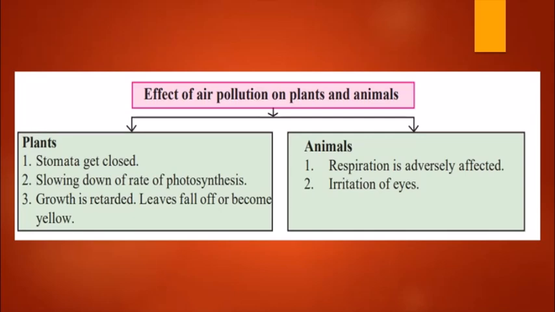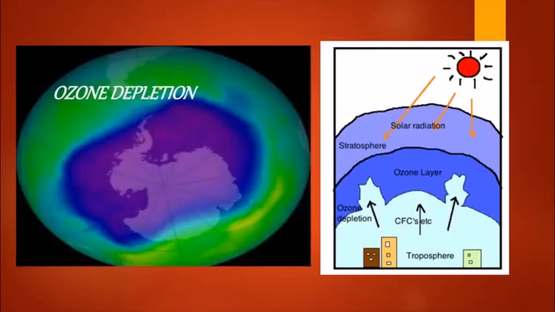Sometimes many people can get cancer also, as radiation can affect their body. The radioactive substances can come in contact with the body and lead to cancer and many other types of diseases. So these are the effects of air pollution on plants and animals.